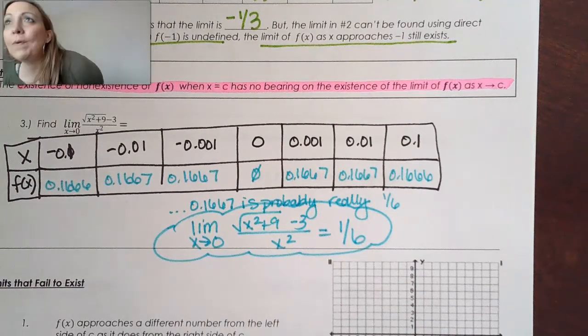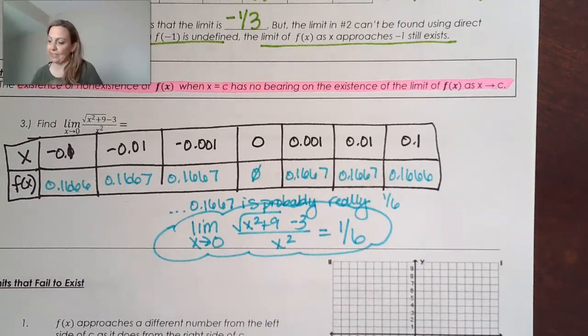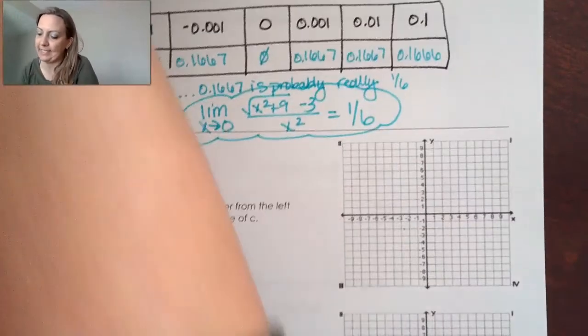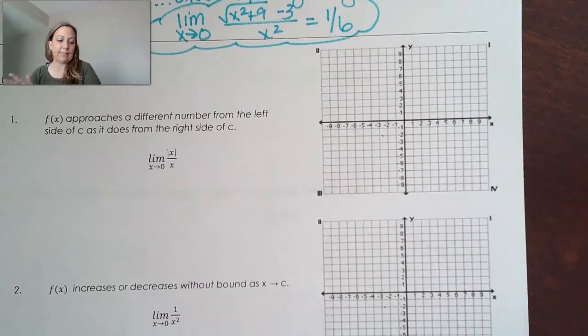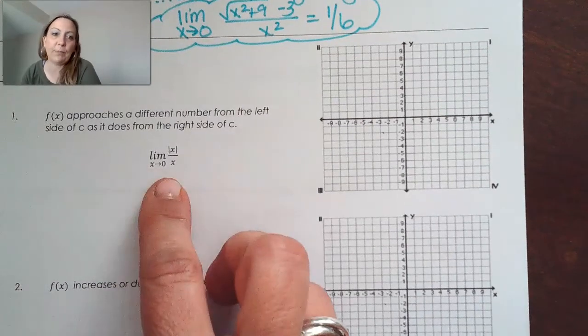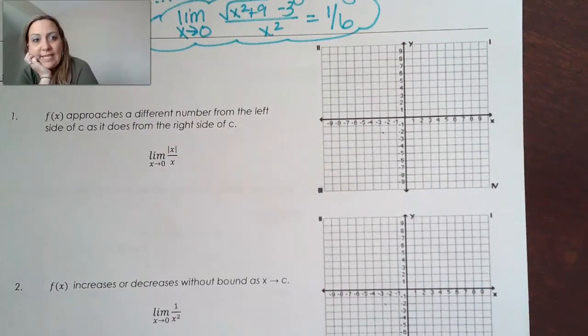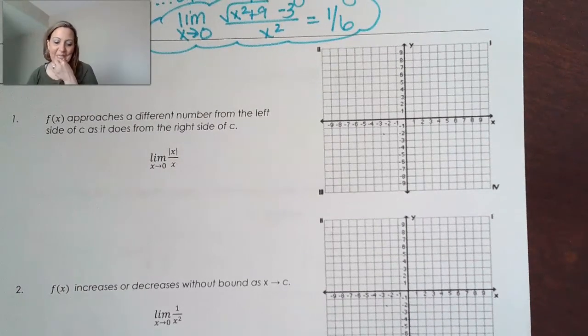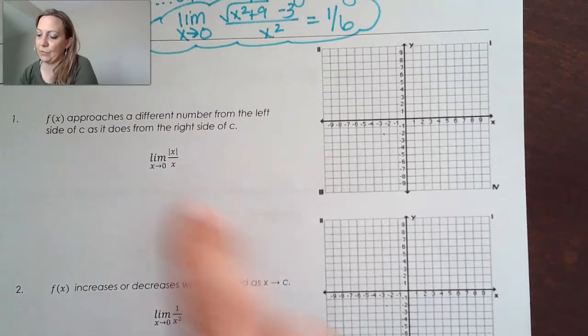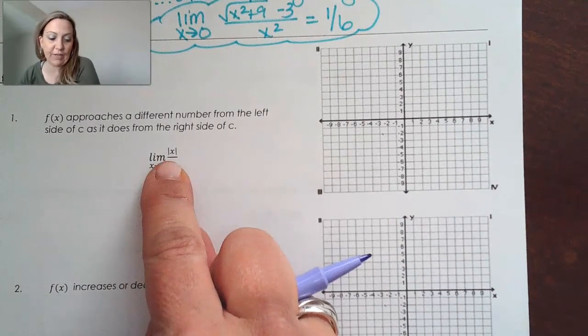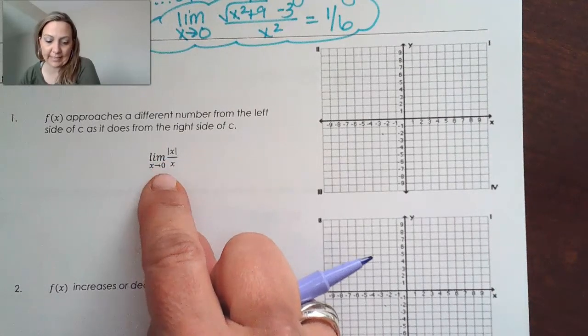So will we always have a limit that exists? There are some limits that fail to exist, and they deal with some different types of discontinuities. One example is when f of x approaches a different number from the left side of c than the right side of c. An example would be the limit as x goes to 0 of the absolute value of x over x.